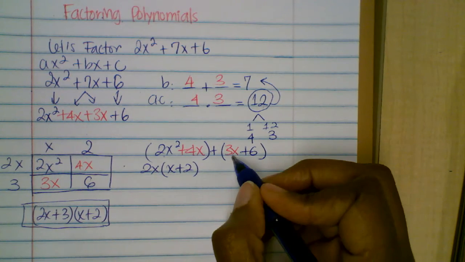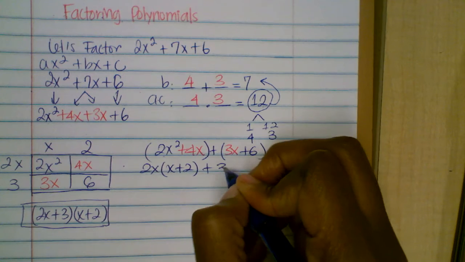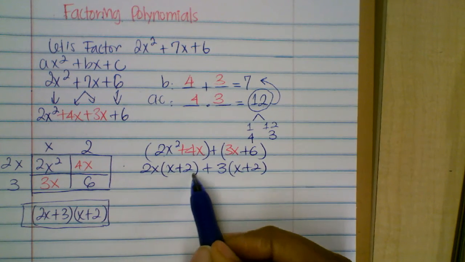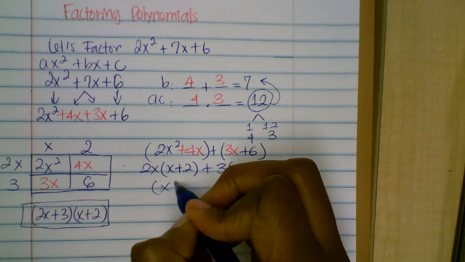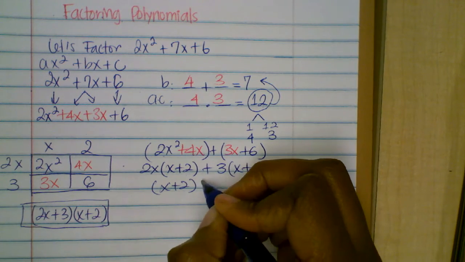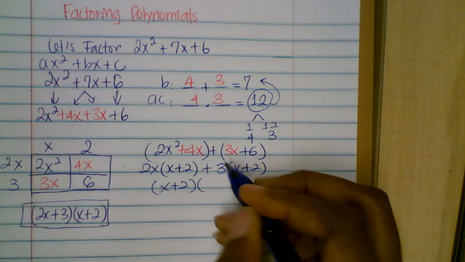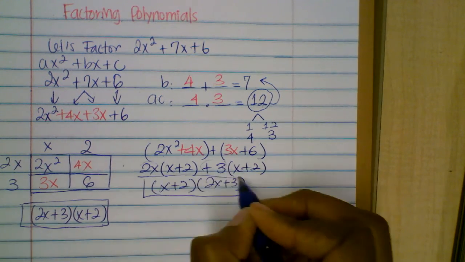And for 3x and 6, it's going to be 3, sorry. So now you see that the factor x plus 2 matches. We have the factor x plus 2 on the left and on the right. So you're going to factor out the common, repeated factor, which is x plus 2. And the leftover is going to be 2x plus 3. And that's the factor form.